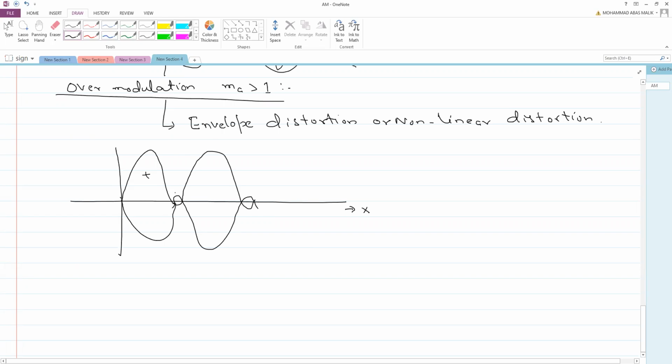This is the positive half and this one is the negative half. Similarly, this one is positive and this one is negative. Because of this crossover, distortion will occur, and this type of distortion is called envelope distortion or nonlinear distortion. You just draw the carrier in between these two, and you will have it like this.